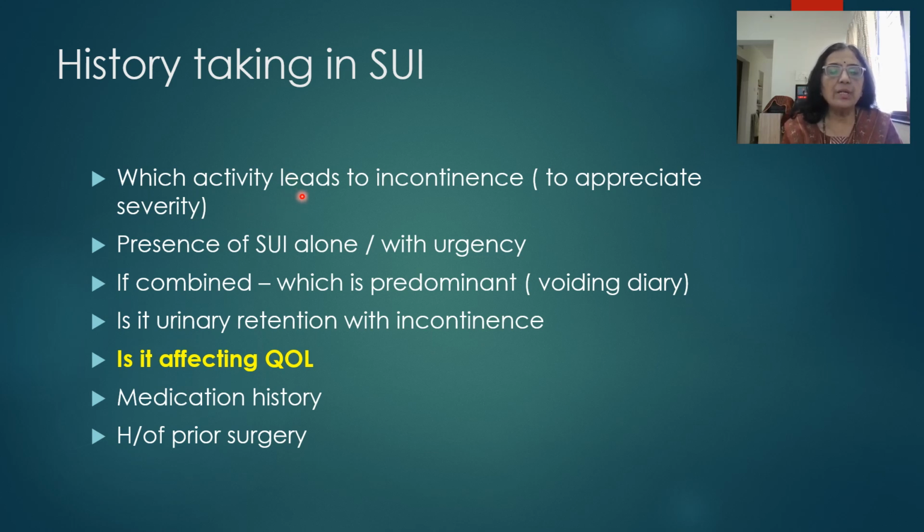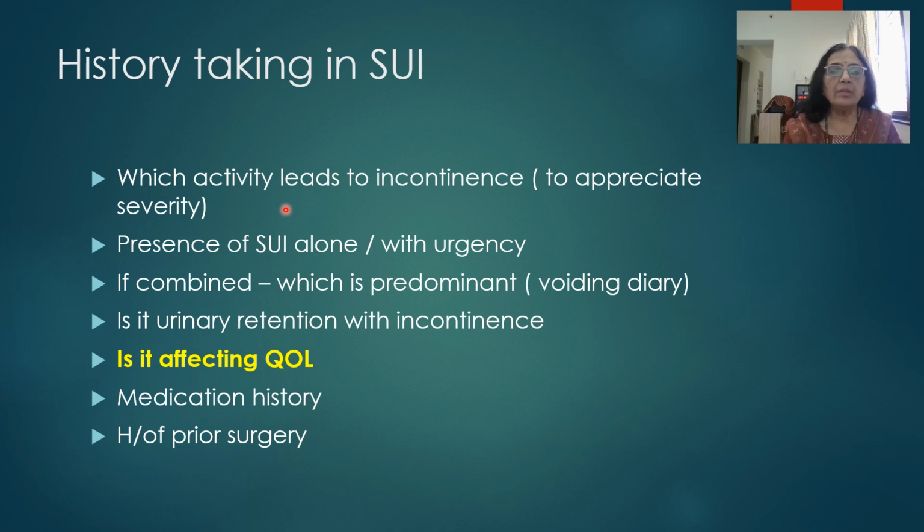What needs to be ascertained carefully when we take the history is which activity leads to incontinence, so that it indirectly tells us about the severity of SUI. Coughing, sneezing, or laughing; or with increasing severity, there can be coital incontinence.